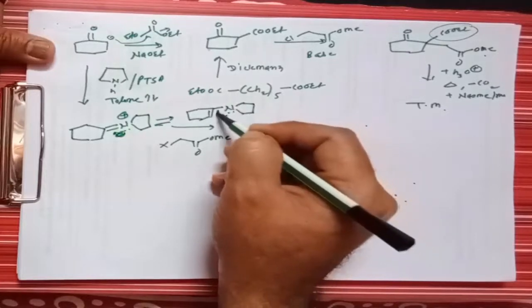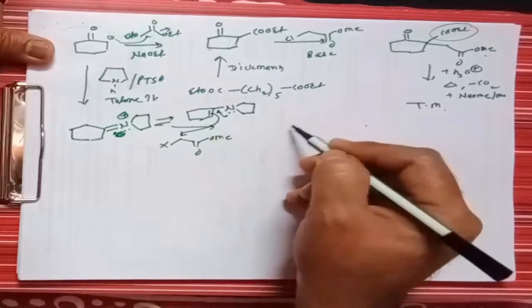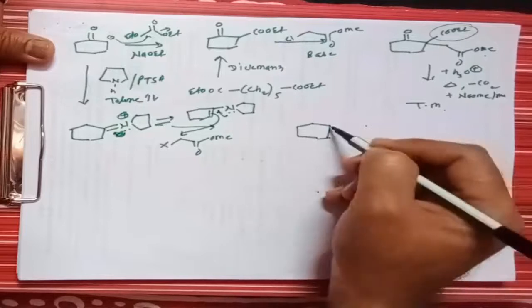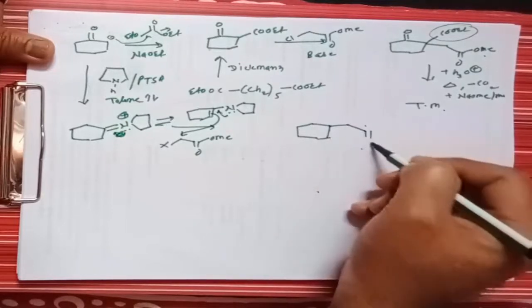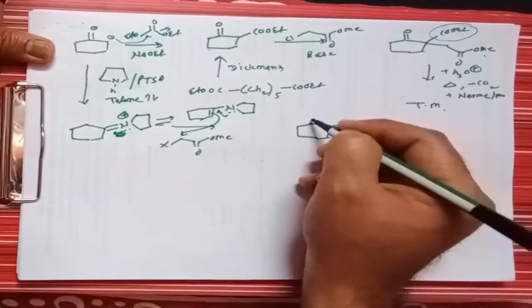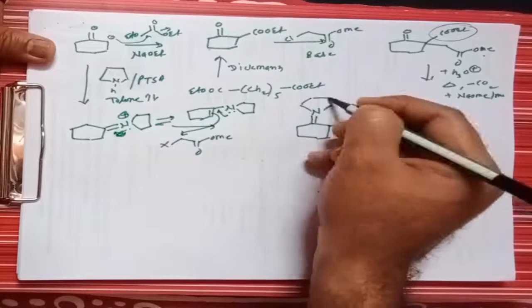Now this lone pair will be shifted here and attack this carbon, and it gives a molecule like this: cyclohexanone, which contains a CH2-C double bond OMe here, and a nitrogen ring containing a cyclic base.